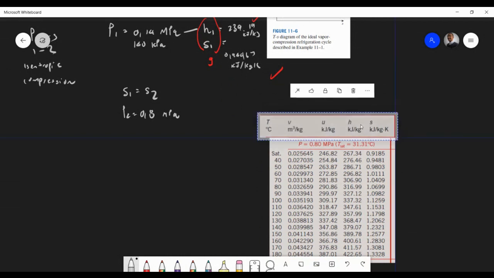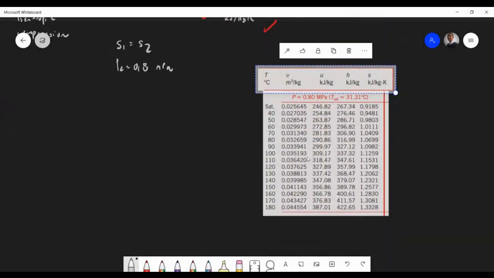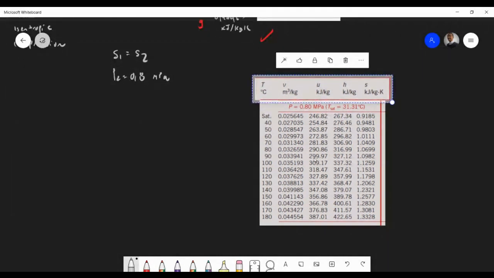Like that: temperature, specific volume, internal energy, enthalpy, and entropy. And you guys find the table, 0.8.